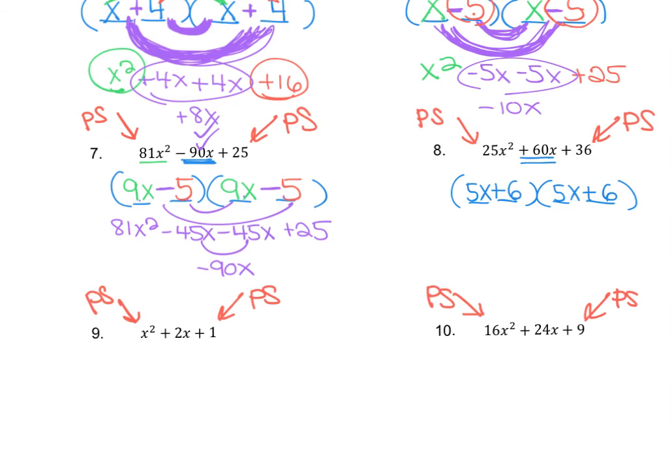So when I check my work, 5x and 5x is going to give me 25x squared. These two middle ones is going to give me plus 30x plus 30x. 6 times 6 is going to give me plus 36. These together is going to give me positive 60x, and that was what I wanted.